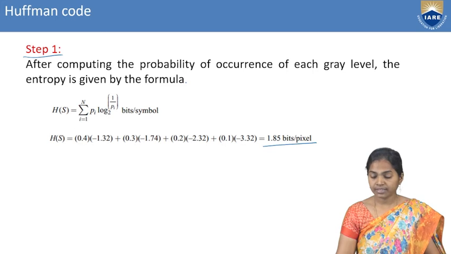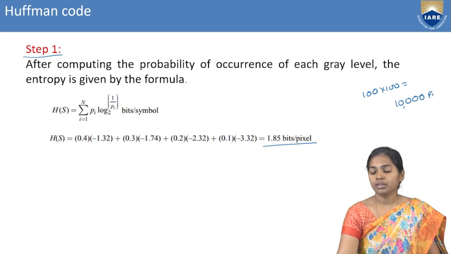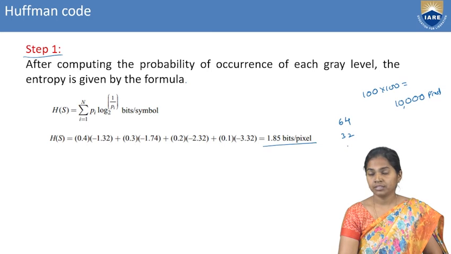So in this image, the image size is 100 by 100, so we are using a total of 10,000 pixels. Here the gray levels are 64, 32, 16, 8. The number of pixels are 40, 30, with gray level 16 the pixels are 20, and here it is 10.